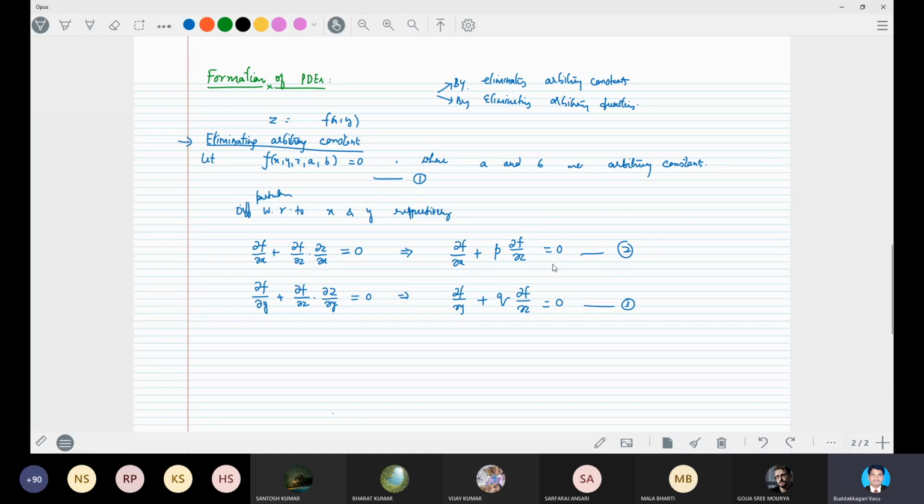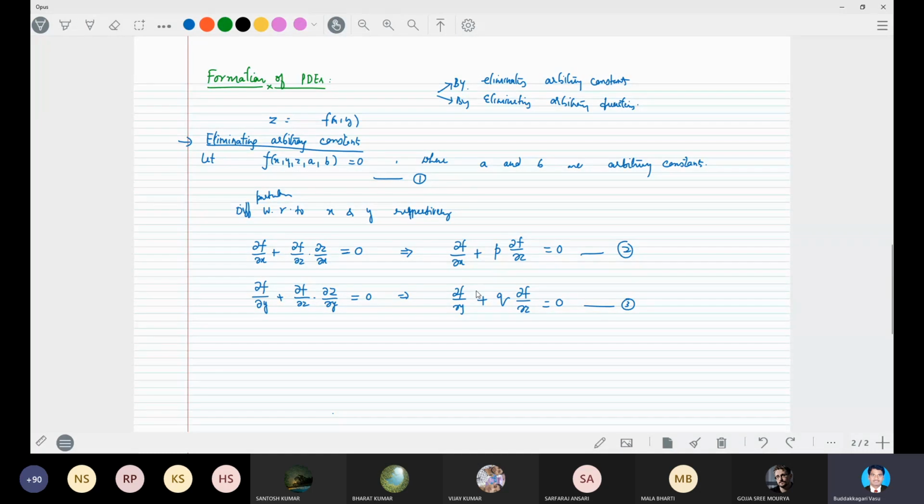Now from these equations 1, 2, 3, we can easily eliminate the variables a and b, that are the arbitrary constants a and b.